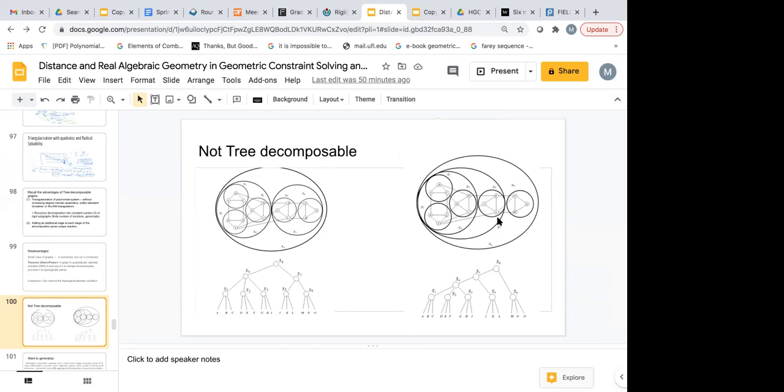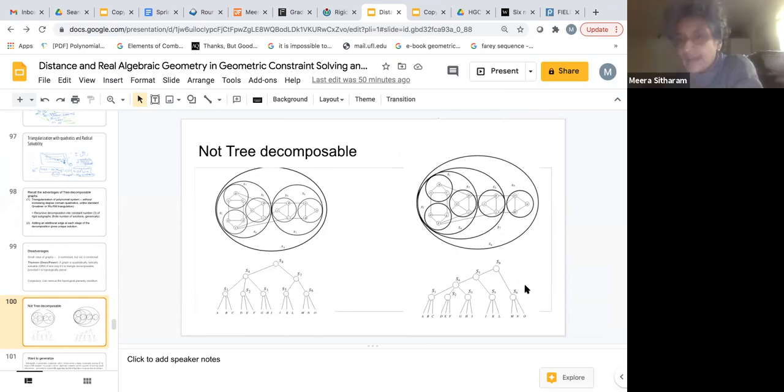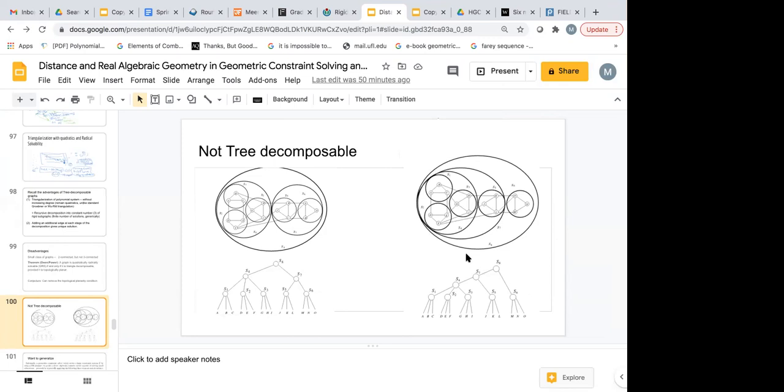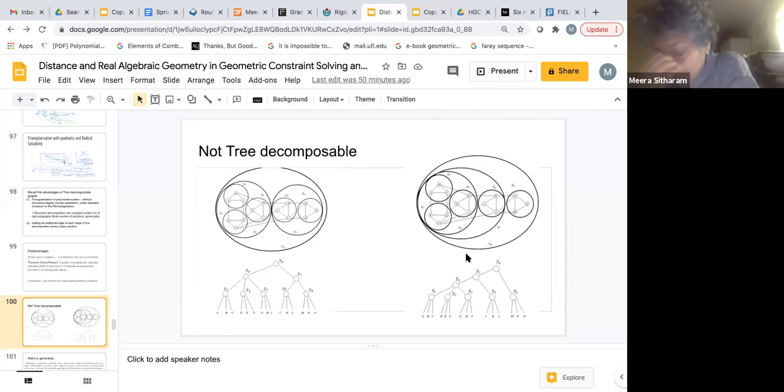Hi, Meera. Yeah. So it's maximum rigid in dimension like v minus 1, so the number of vertices minus 1. In this case it's just 2 dimensions.